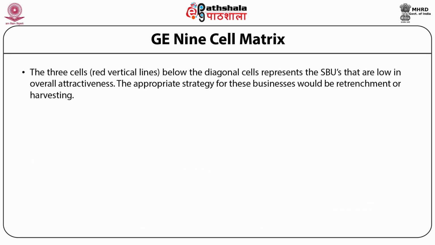The third zone, that is the red vertical lines below the diagonal cells, represents the SBUs that are low in overall attractiveness. The appropriate strategy for these businesses would be retrenchment or harvesting.